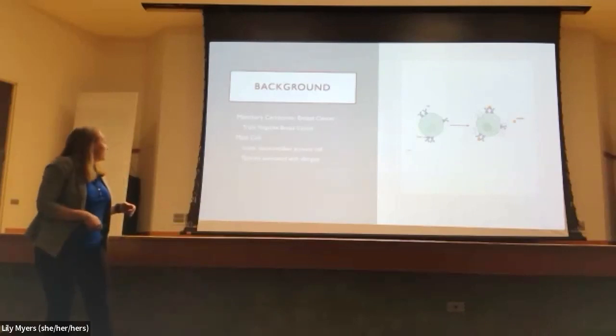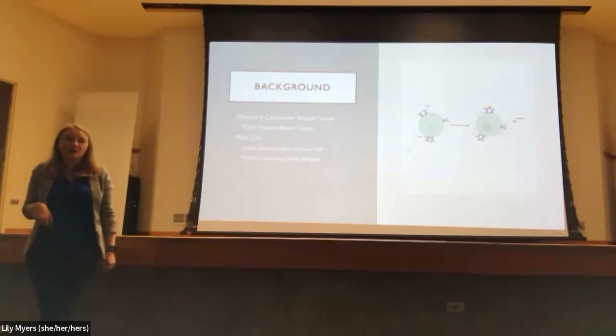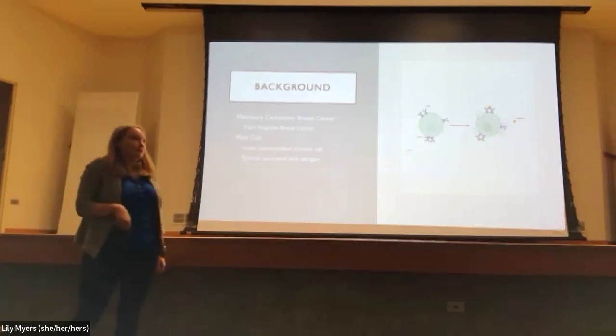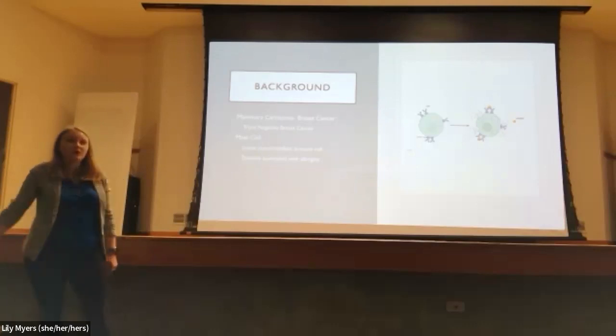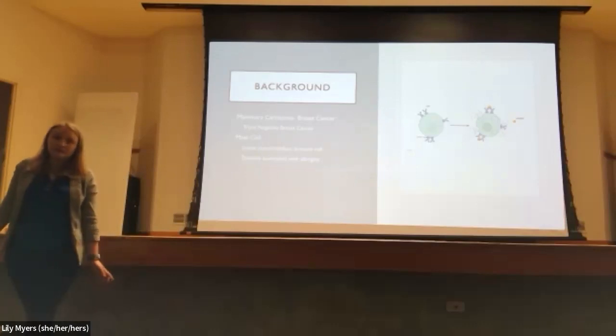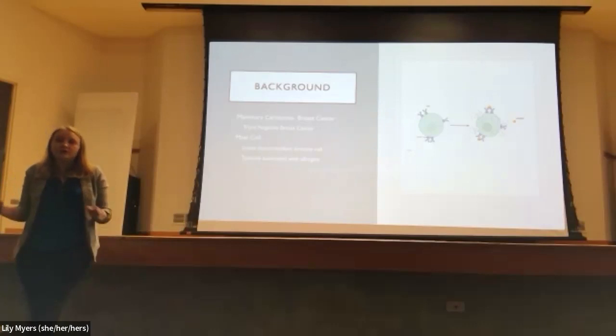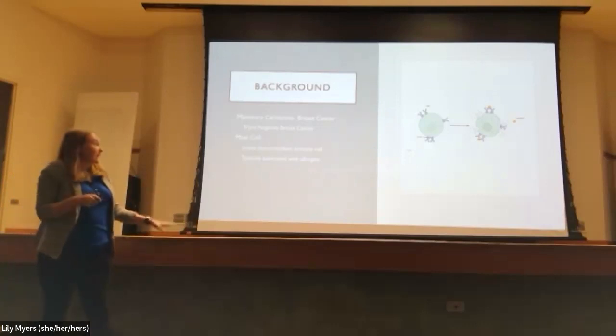So I'm looking at a mast cell, which is this guy here. And what I'm looking at is this purple receptor here called Fc-epsilon-R1. It binds to IgE, which is an antibody produced by B cells for specific antigens.